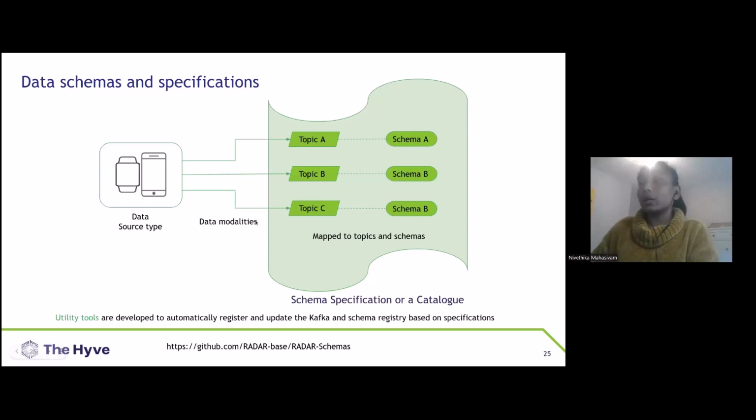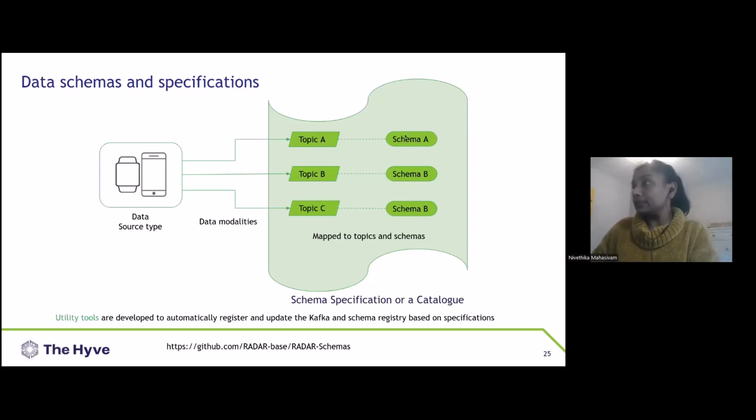We use Apache Avro to create these schemas. Apache Avro is a data format, and it's used a lot in Apache Kafka, and it's a compact way of transmitting data.